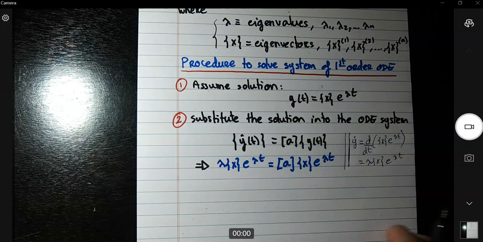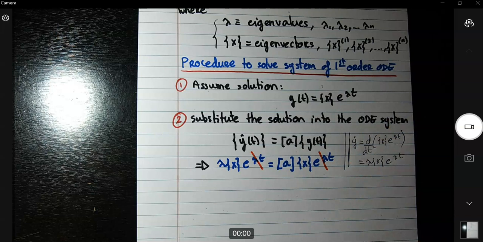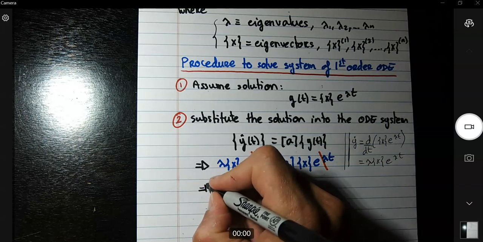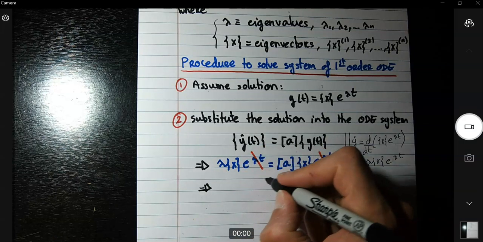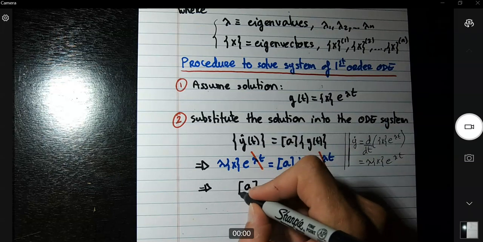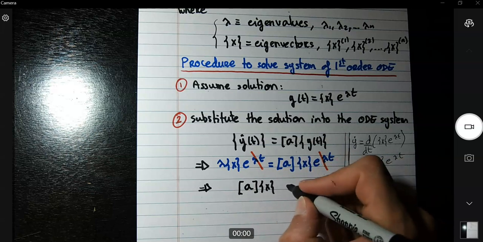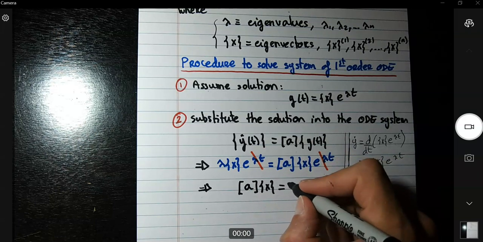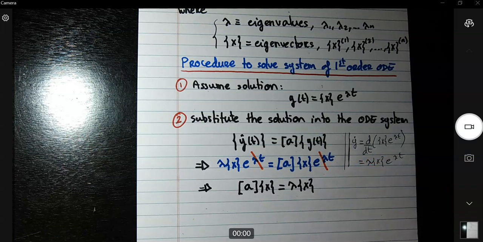Now you can see right away that since you have e lambda t on each side, you can cancel out, and we are left with A x equal to lambda times x again.